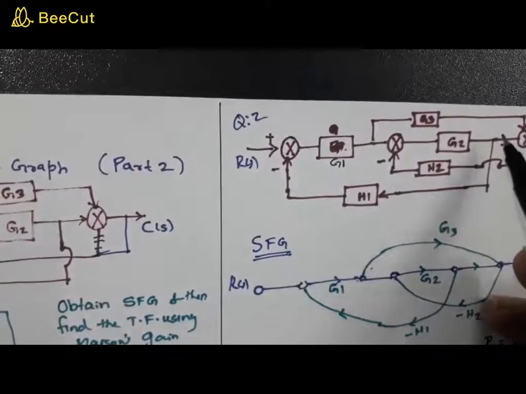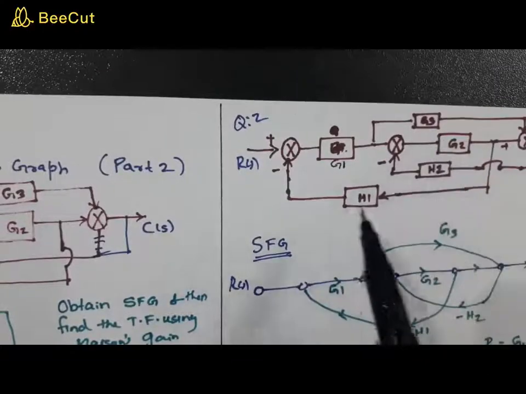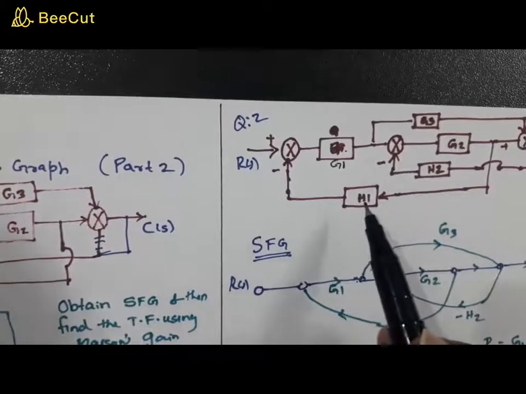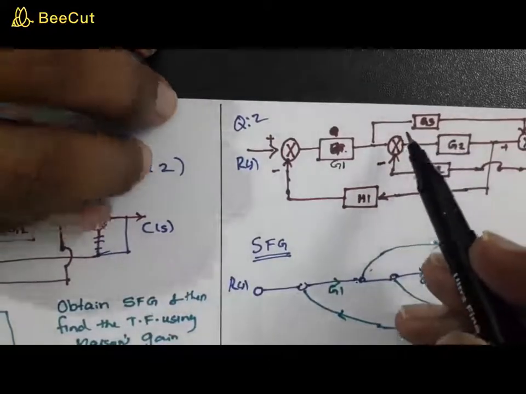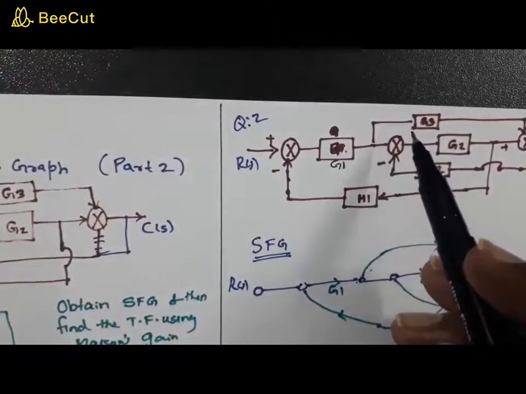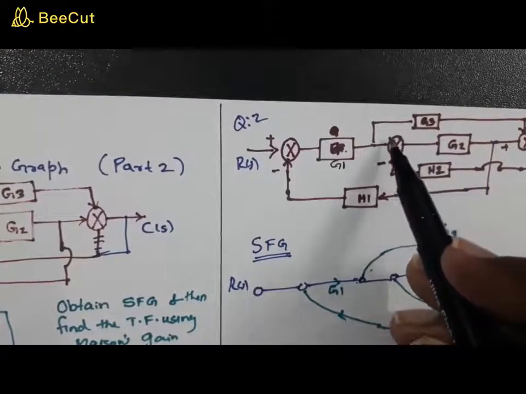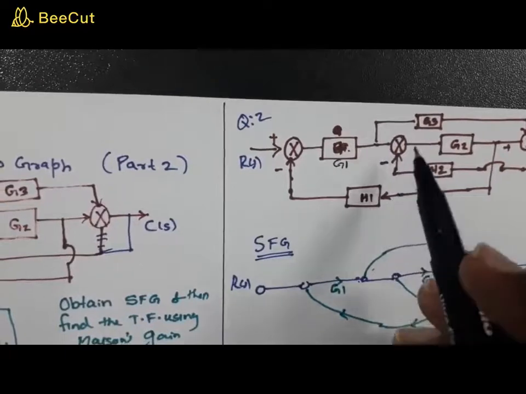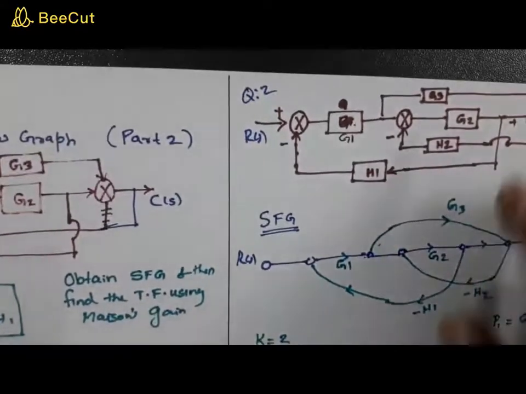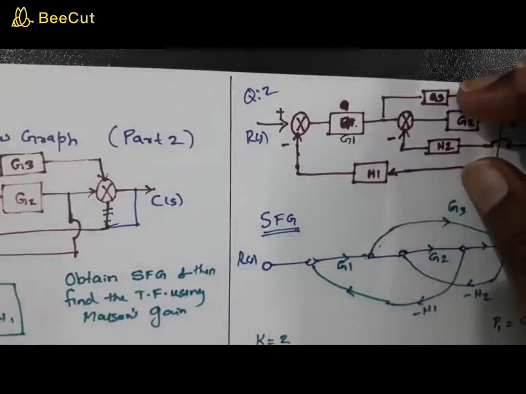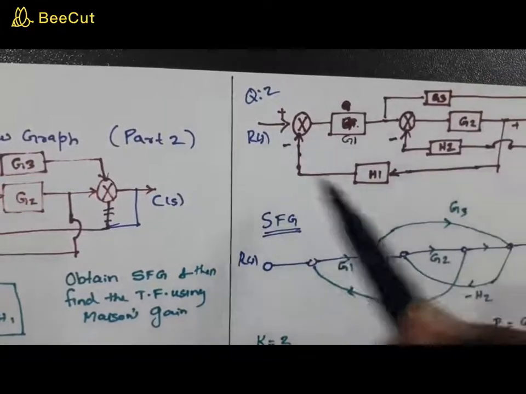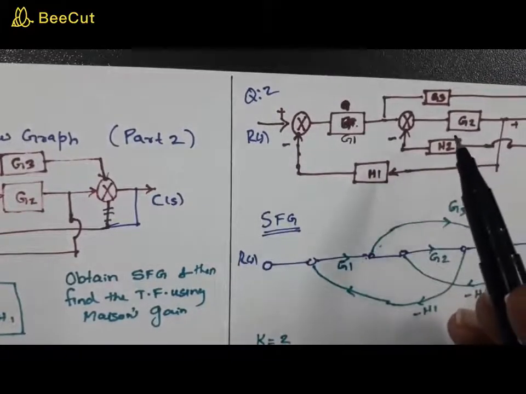This is a bit tough in terms of block reduction technique. Now, what you need to do is, first of all, you can bring this point to this. By bringing this, you just need to add one G2 here, G2 H1. Then, after that, you don't have any other provision, just to think of splitting the summer in a peculiar way, so that our objective is either to convert this block into a canonical form or a parallel form, whatever it is.